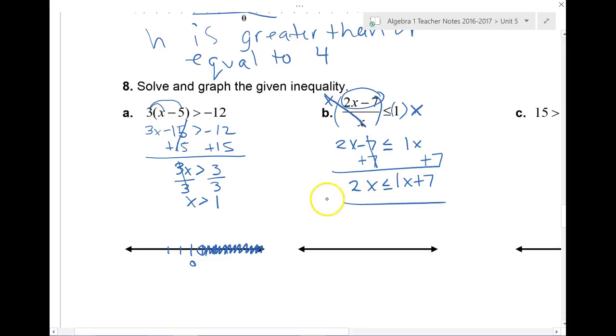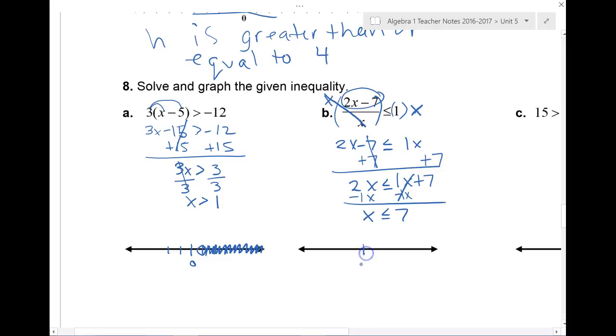And then I want the x's over here, so I don't want this x here, so I subtract it. Okay, so now I have 2 minus 1, x, which is just x. It is 1x, but it's also the same as just saying x is less than or equal to 7. Okay, because that's all I have left on the right.